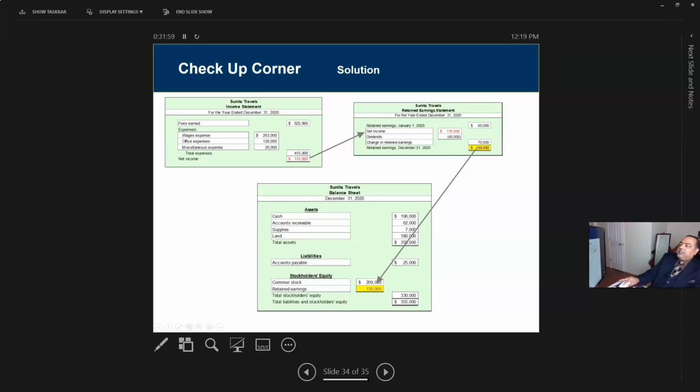So 70 plus 60 will be 130,000. That we bring down here. So cash balance 106, accounts receivable 62, 7,000 supplies, land 180, and the total was 355,000. Accounts payable 25,000. Common stock balance of 200 plus 130 will make it 330, plus 25 will be 355.